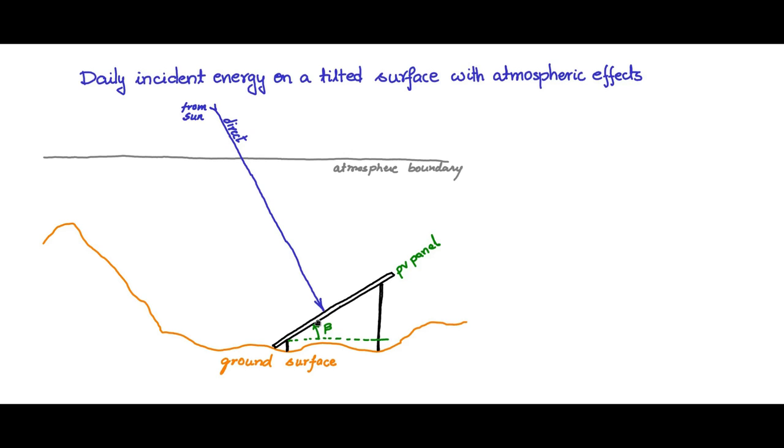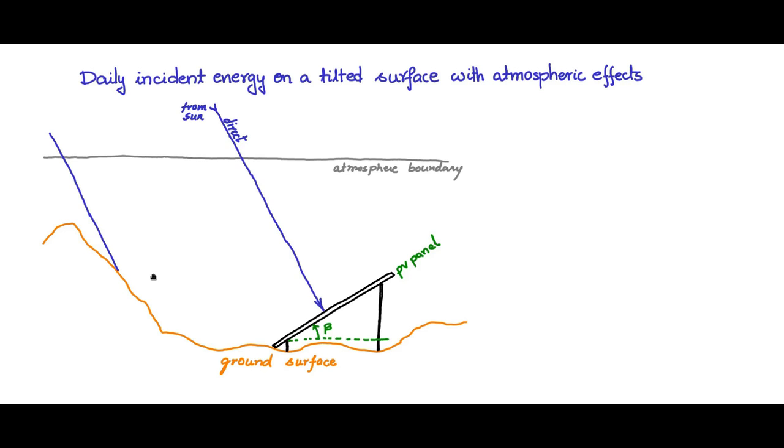Apart from this direct incident radiation, there are other subsidiary forms of radiation, and one of them is, let's say I take another parallel insolation line which is falling on the nearby neighboring hill slope.